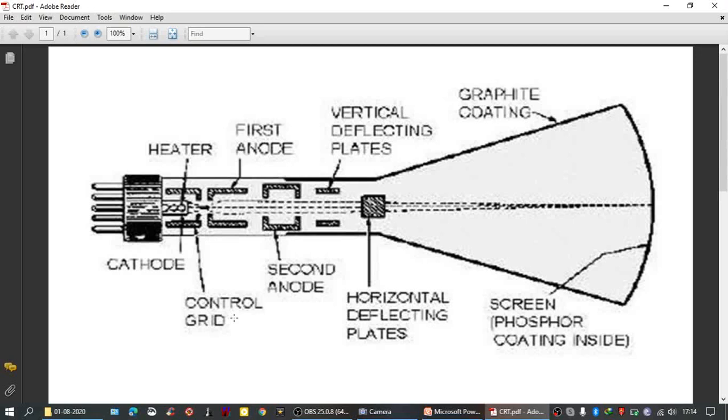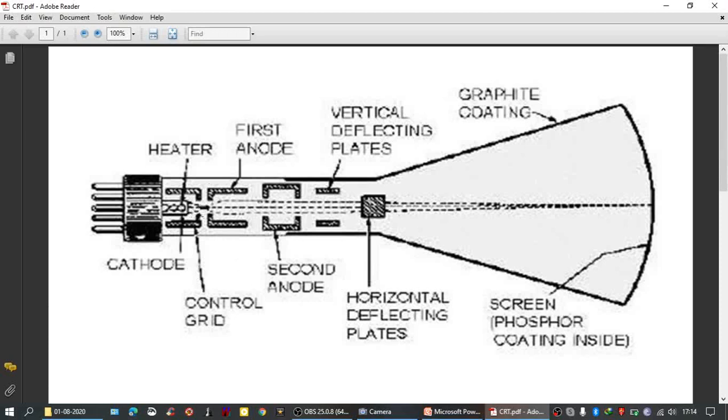The higher the negative voltage on the control grid, the lower is the intensity of electrons, because negative charge on control grid will repel the electrons. The smaller the value of negative voltage on control grid, the higher will be the intensity of electrons passing through the hole in the control grid.